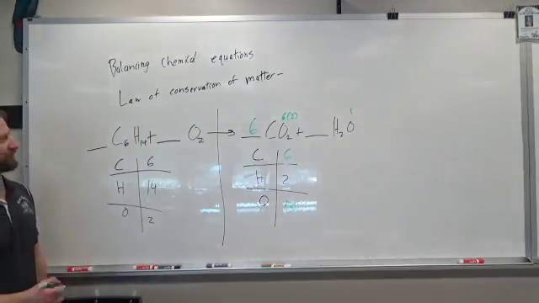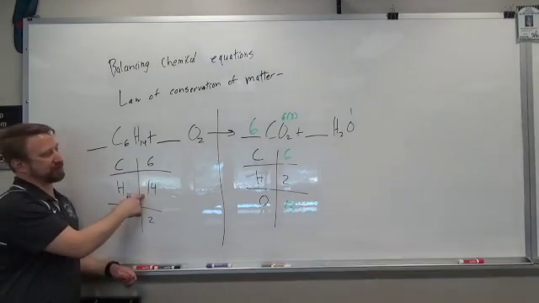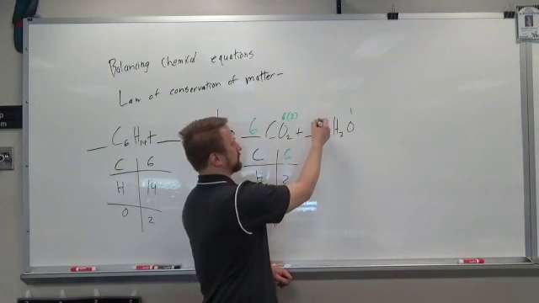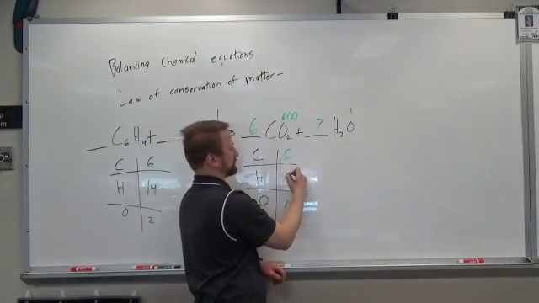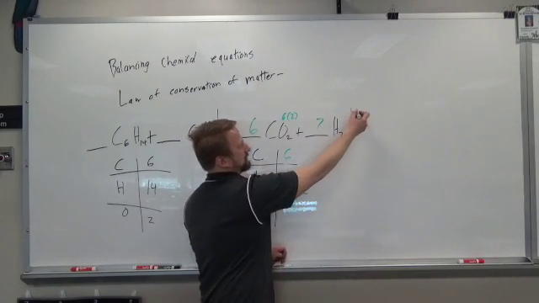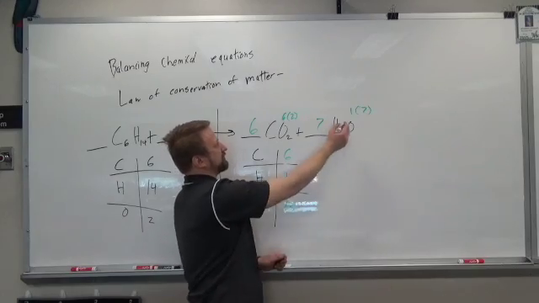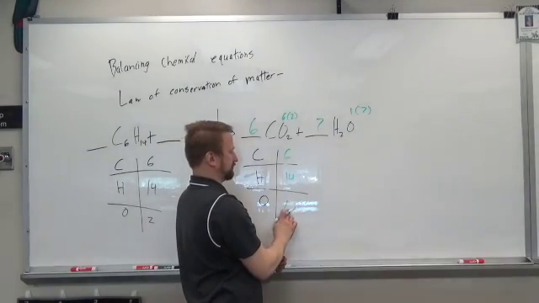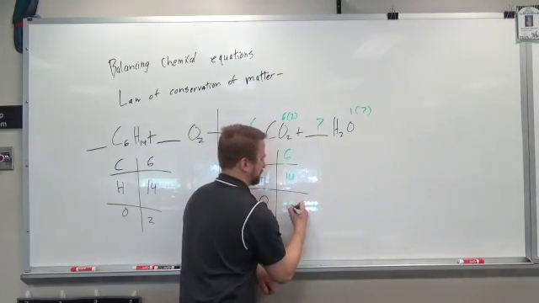Let's do hydrogen next. I have 14 over here. Need some more over here. 7, right? 7 times 2 gives me 14. But I also have to update this, right? 1 times 7. So we have 7 plus 12 gives me 19. Oop. 19 now.